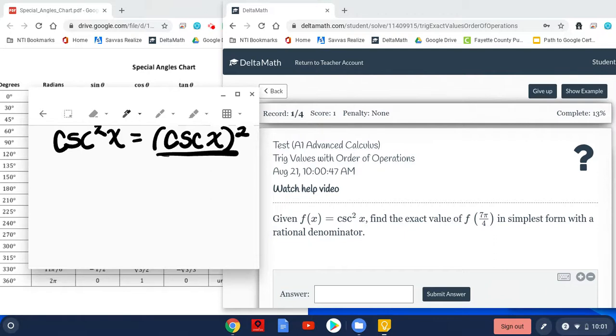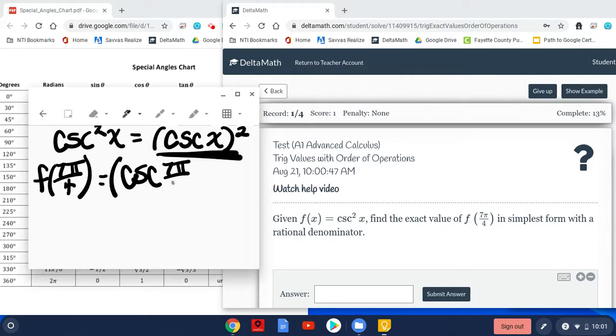This is going to be more helpful for evaluating and practicing. So if I want to find f of 7 pi over 4, that means I need to figure out what the cosecant of 7 pi over 4 is and then square it.